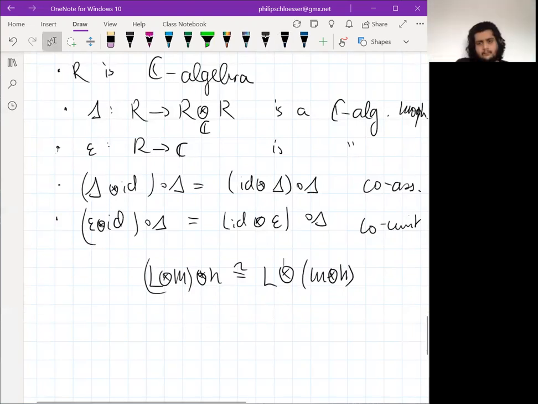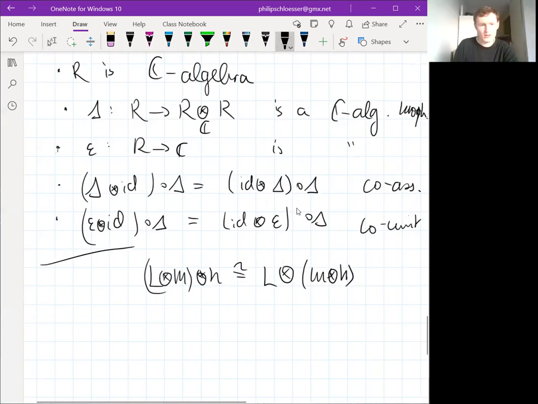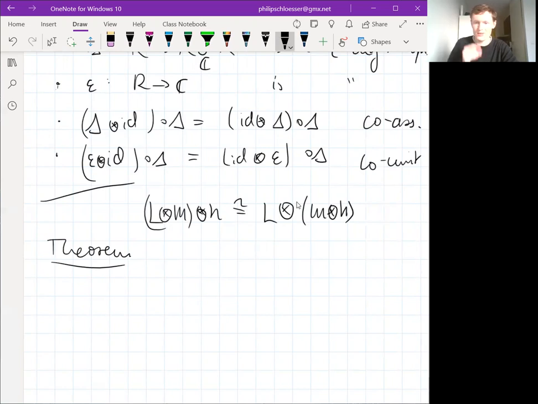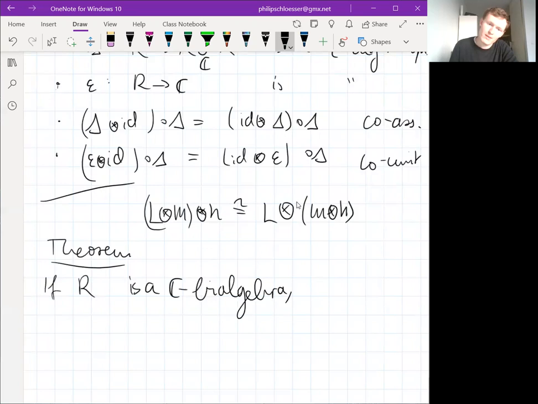But I guess the consideration above shows that if R is a C bialgebra, then R mod, the category of left R modules or of representations of that bialgebra, is a monoidal category.